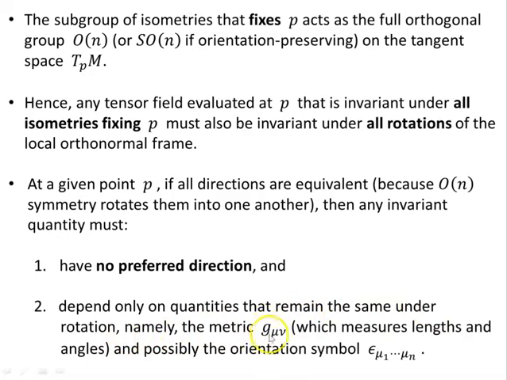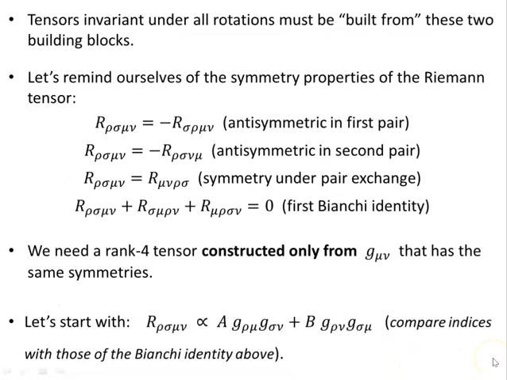So namely the metric, g_{μν}, which measures lengths and angles, and possibly the orientation symbol, the Levi-Civita symbol, this one. Right, tensors invariant under all rotations must be built from these two building blocks, okay?